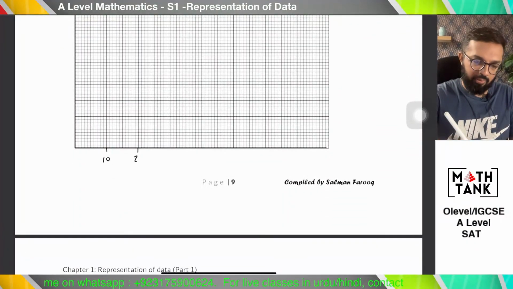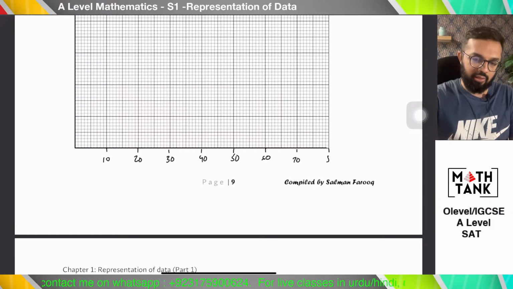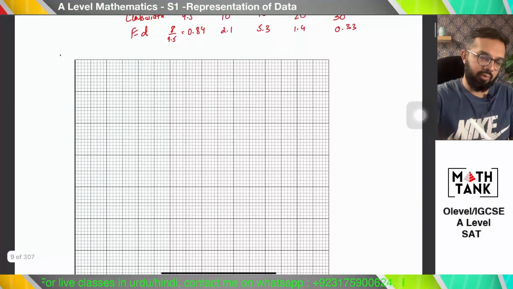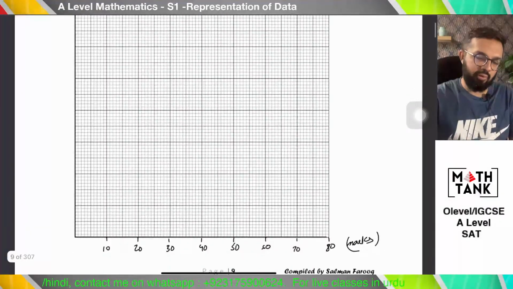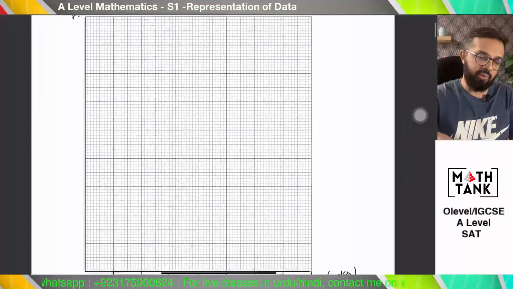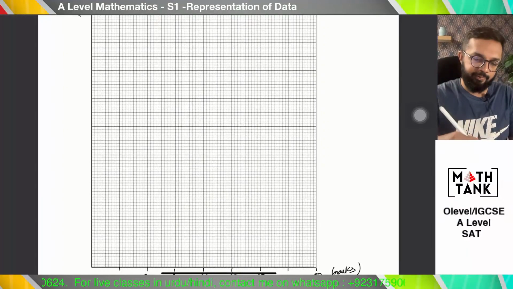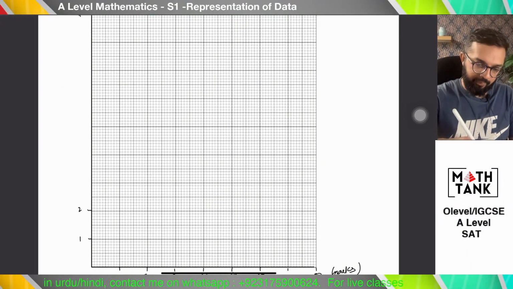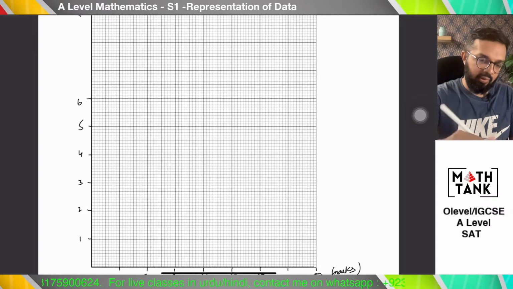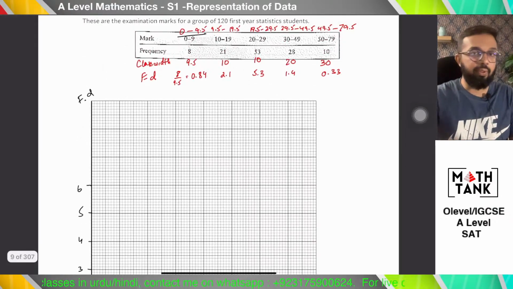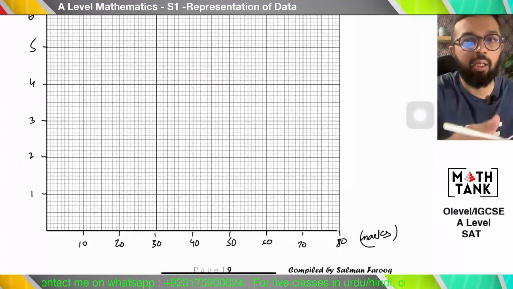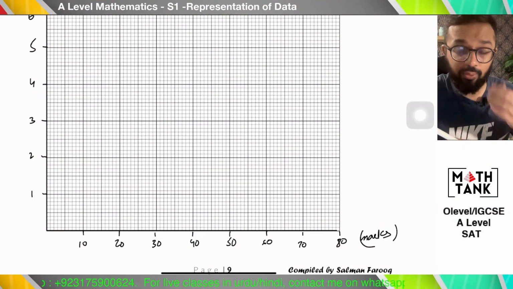Okay, so 10, 20, 30, 40, 50, 60, 70, 80, and these are marks. जरूरी नहीं होता, बट आपका हिस्टोग्राम बहुत ज़्यादा congested नहीं होना चाहिए. Now when I'm drawing the first bar from 0 to 9.5, I have to make sure that मैं 10 पे ना बना रहा हूँ.